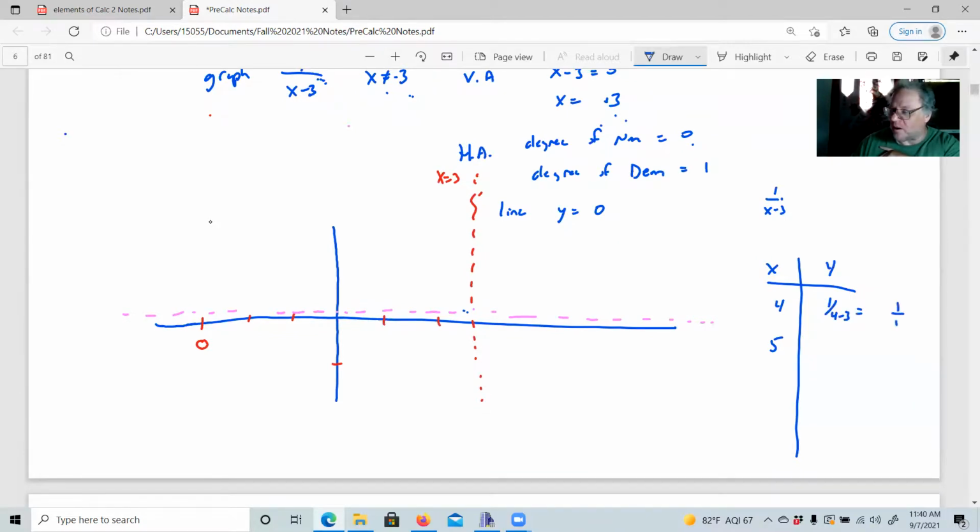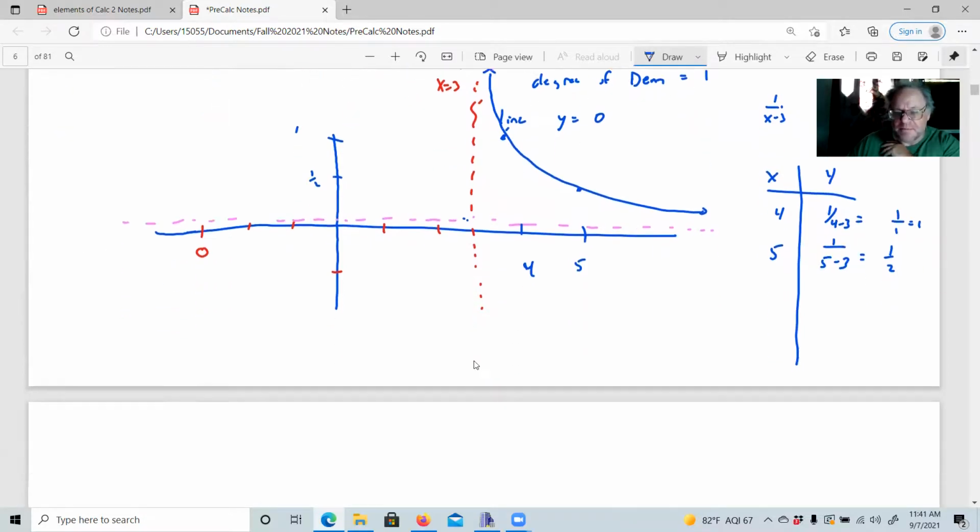This is 1. And this is 1 over 5 minus 3, which is half. So at 4 and 5, we have this point, and it's going to our asymptotes.